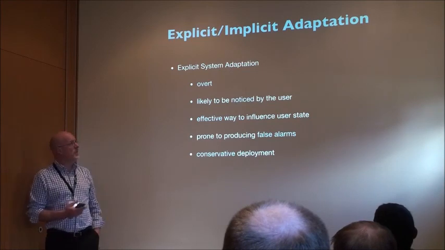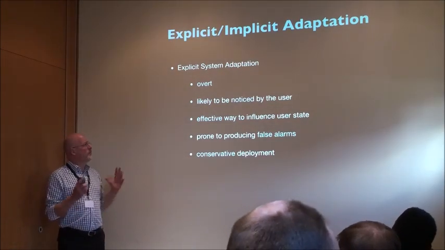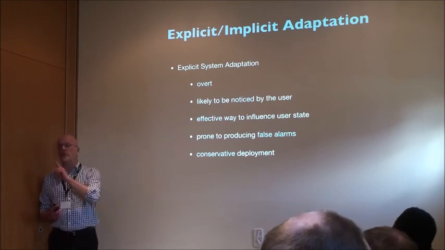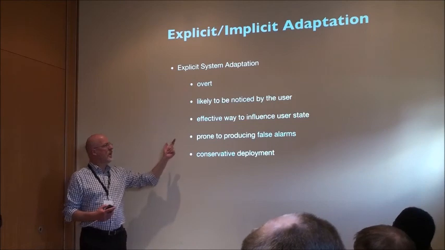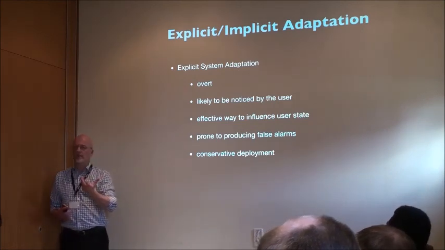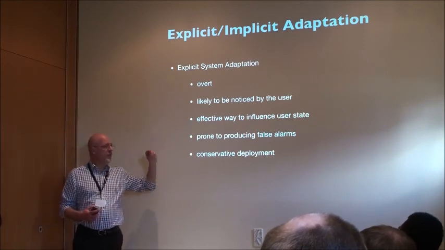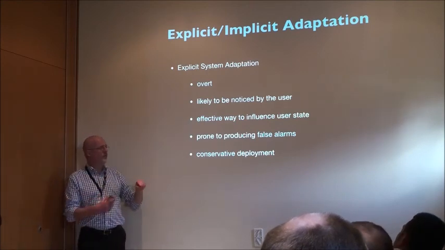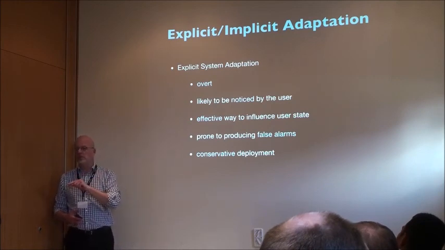Now if we have an explicit adaptation, so the system's doing something that's quite overt at the interface, the person notices this. And this is good because it's a very effective and strong way to influence a user state. The downside of it, if you think about the slide I showed before with the smiley faces on, is that if it gets it wrong, the person notices.